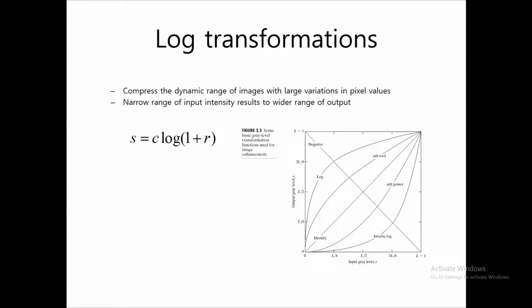This transformation is useful for enhancing the details in the darker region of the image at the expense of the detail in the brighter regions.